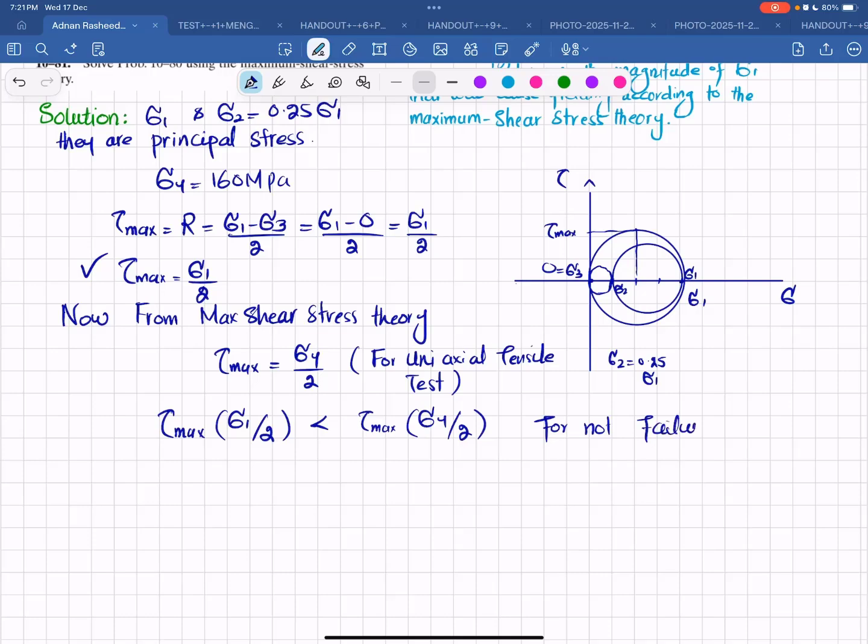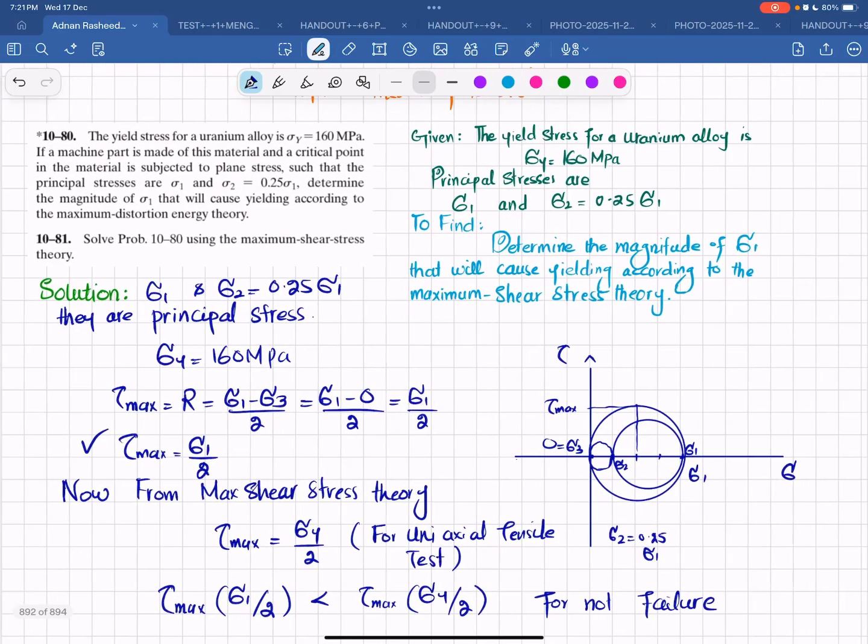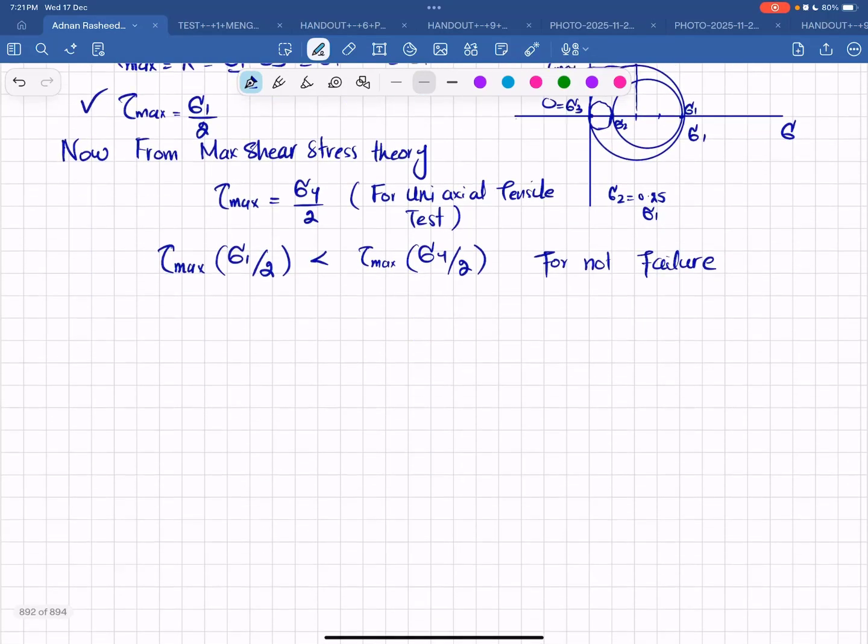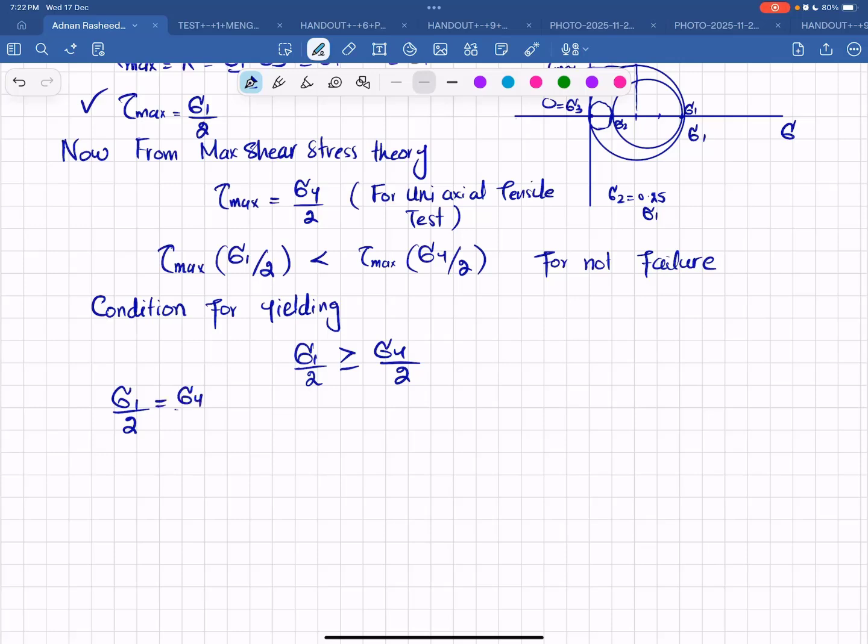Okay, so in this question we have been asked to find sigma 1 that will cause yielding. So we will write the condition for yielding. The condition for yielding will be that sigma 1 divided by 2 should be greater than or equal to the maximum shear stress in the tensile test specimen. So here we will take the condition that sigma 1 over 2 is equal to sigma yield divided by 2.